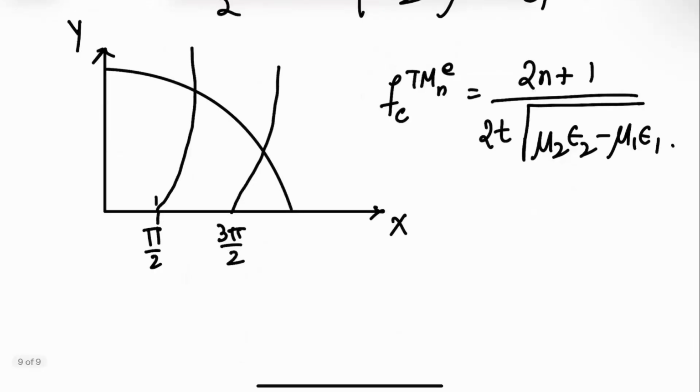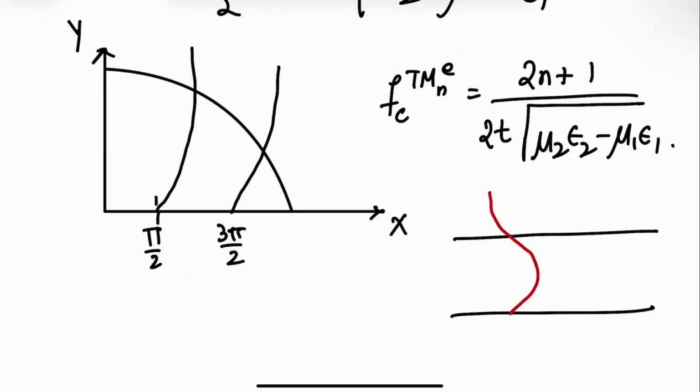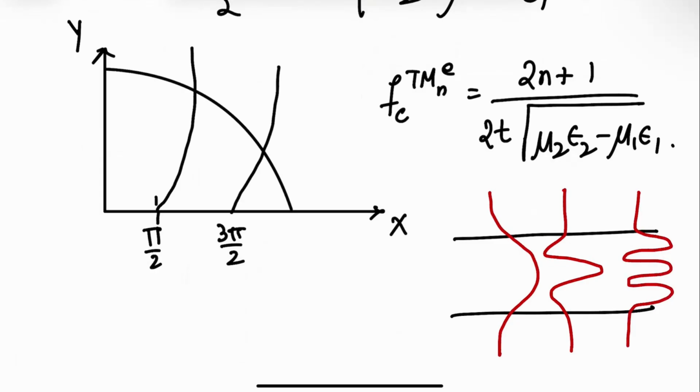All right. What do the modes look like? So the mode looks like cosine functions, like that, that, like that. So that's n equal to 0, n equal to 1, n equal to 2, and so on.